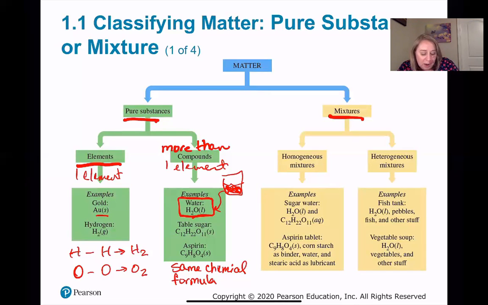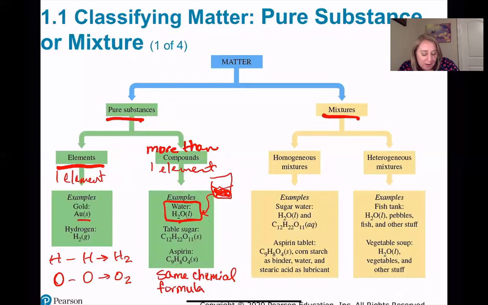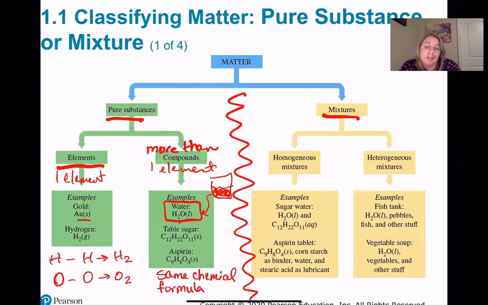All right, now we're going to talk about a slightly different classification of matter, right? We're going to go over to the other side. We're going to talk about mixtures. Mixtures are where we have more than one compound, right? So if you take two things and mix them together, let's say, for example, you take your sugar and your water and you put them together.